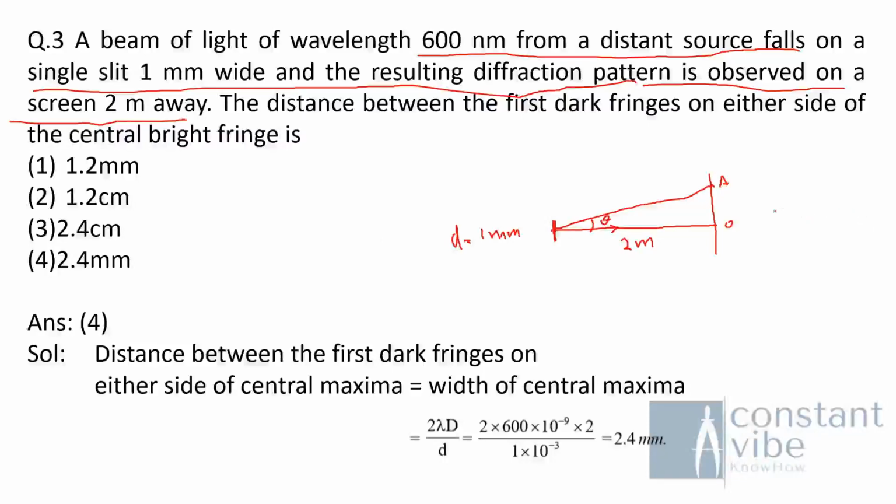Consider OA. Similarly the next one will be here, suppose this is B. What we need to find out is the distance between A and B, either side of the bright fringe.